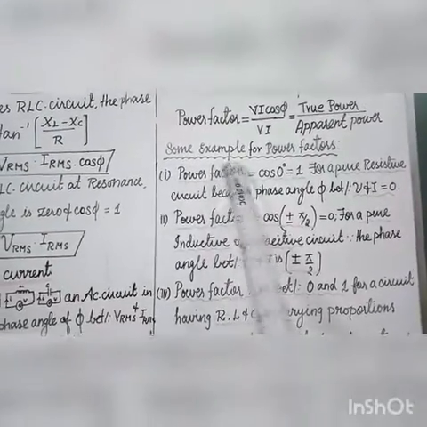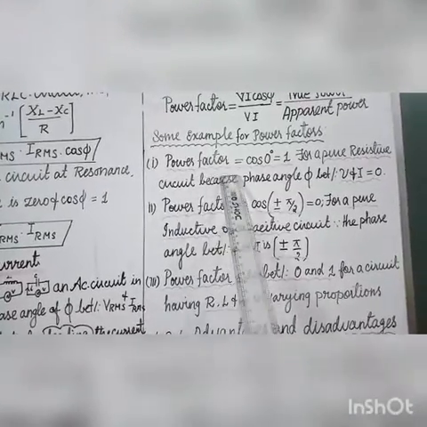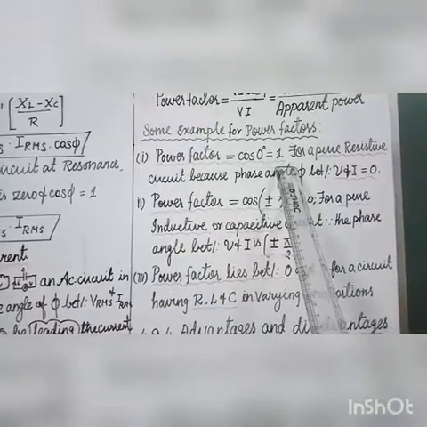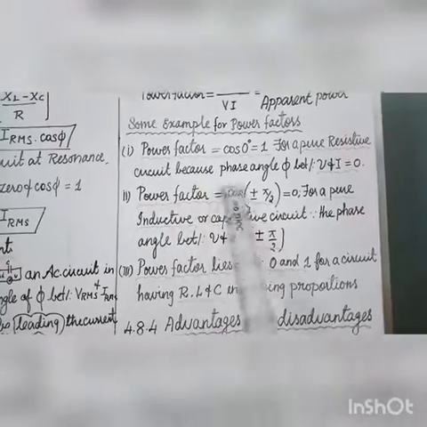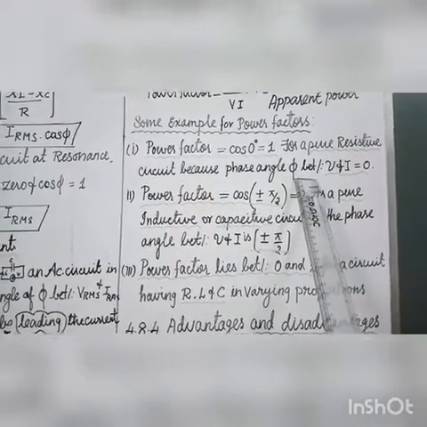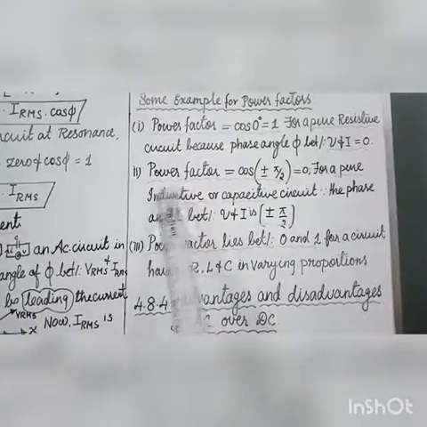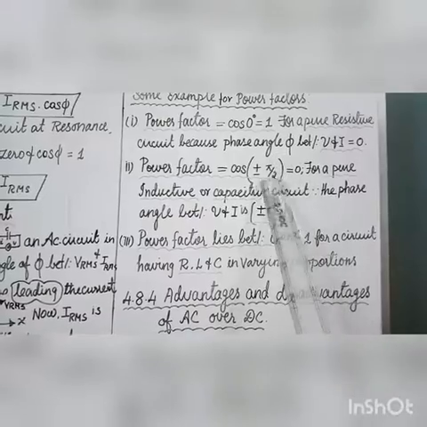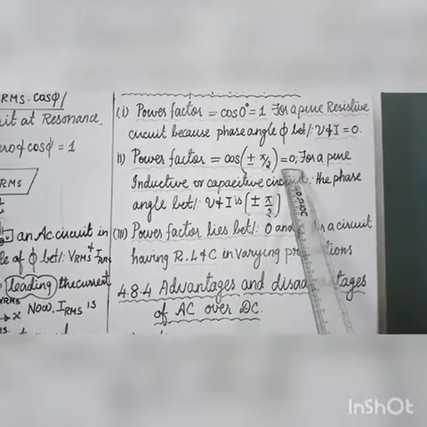These are some examples of power factors. The first example: power factor is equal to cos 0 degrees, which is 1, for a pure resistive circuit, because the phase angle phi between voltage and current is 0. The second: power factor is cos of plus or minus pi by 2, which is 0, since pi by 2 means 90 degrees.